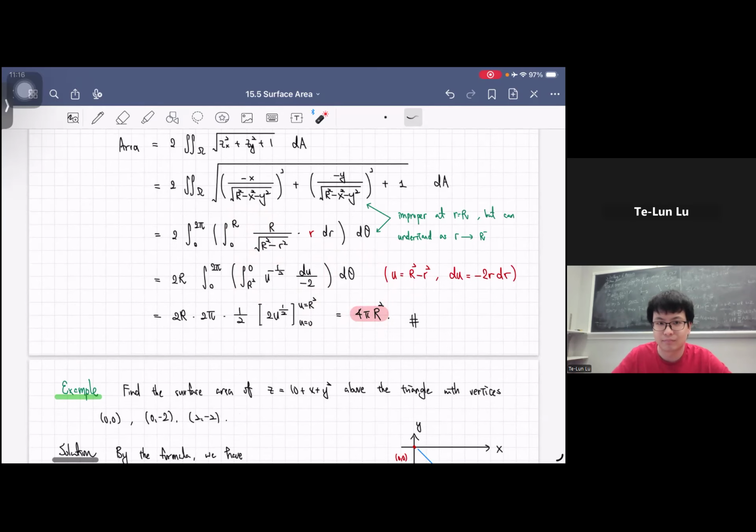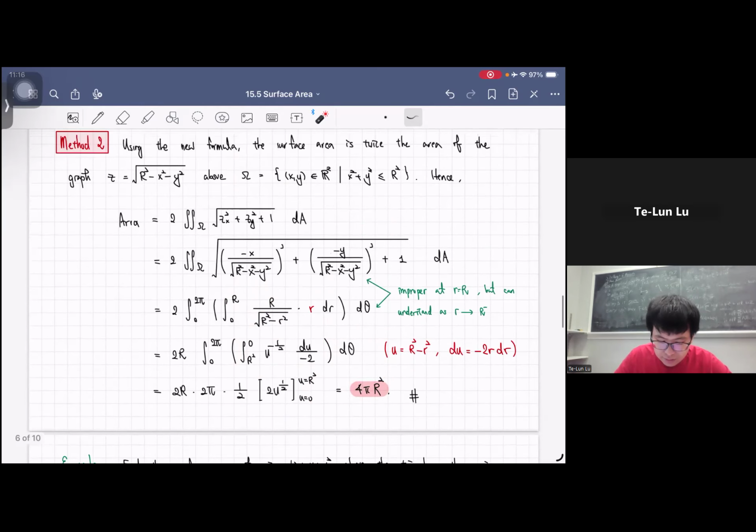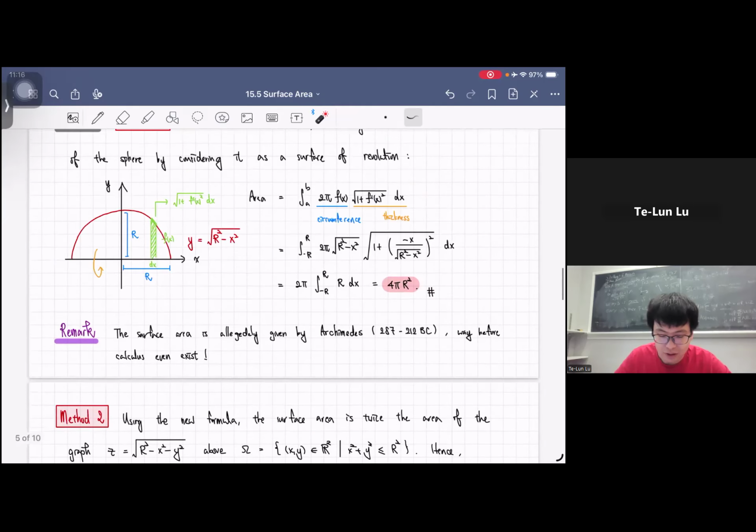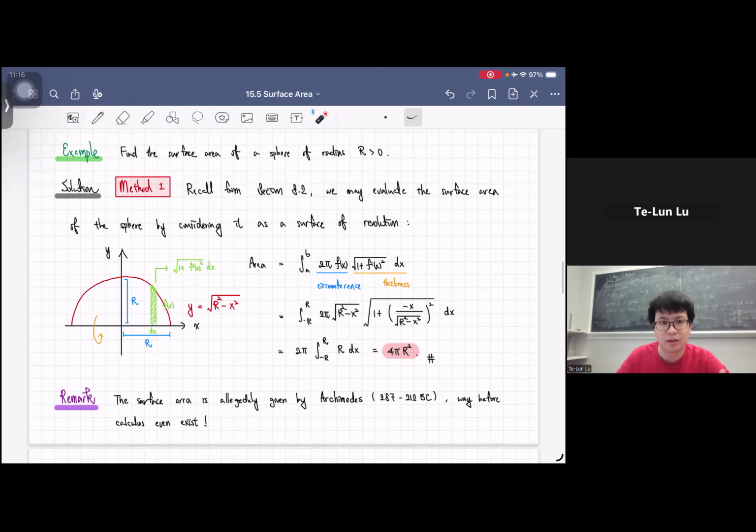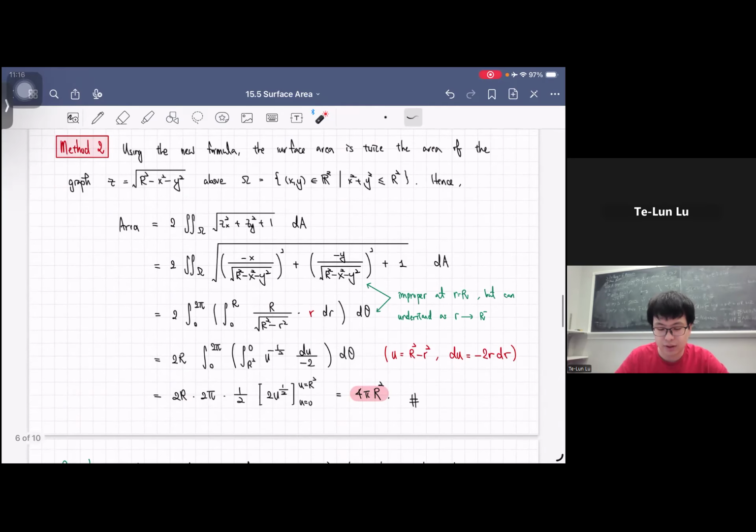Okay. Right. So that is the surface area for a sphere. We have done it in two ways for now. We can use the washer-like method, which is introduced in the application of integration section 8.2. And we also used our new formula for the surface area to compute this directly.